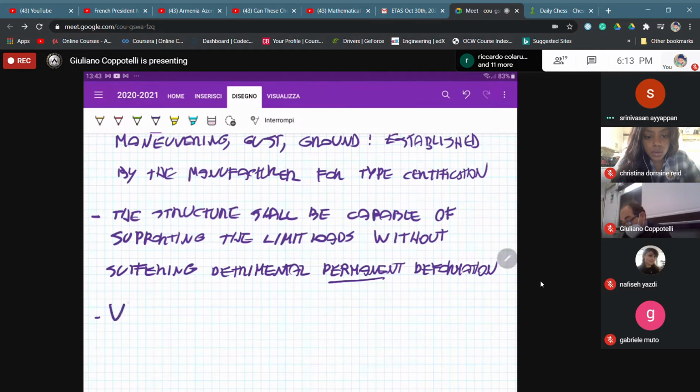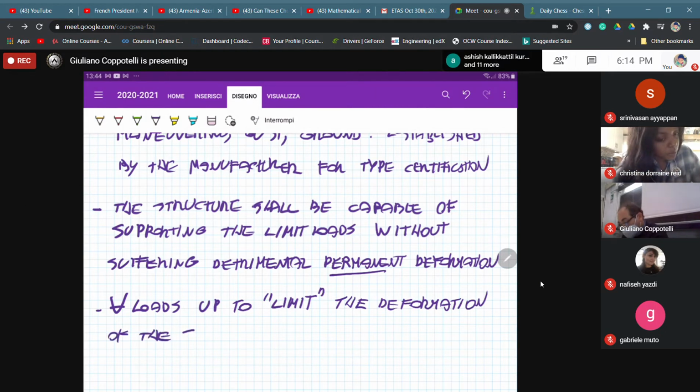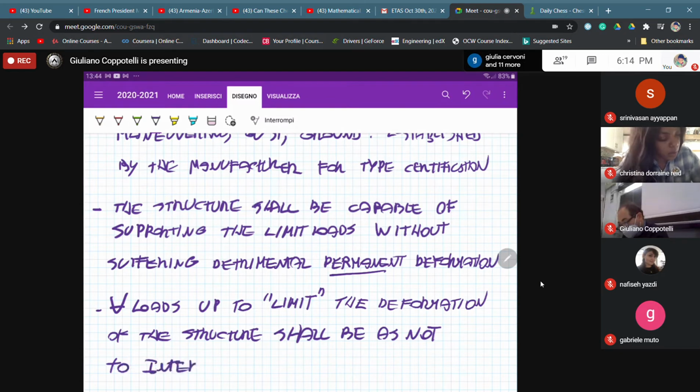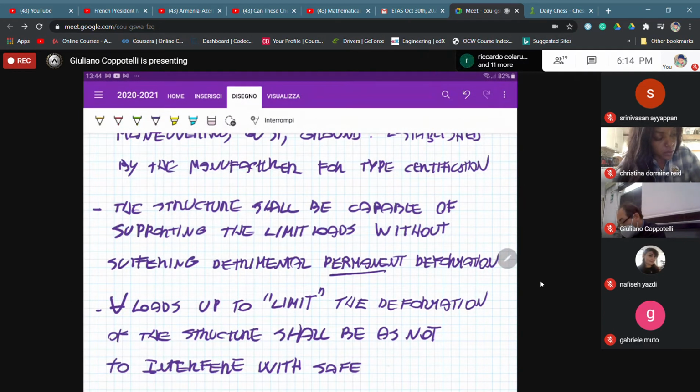Okay, so for each load up to this limit that your friends in the load department are giving you, the deformation of the structure, once again, shall be as not to interfere with safe operations of the aircraft.